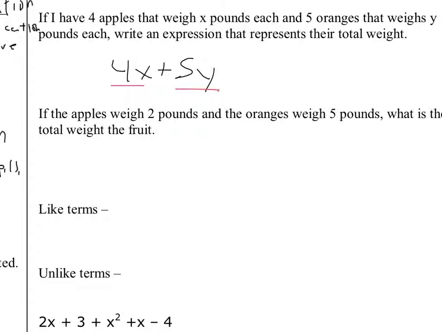Now, it would be really nice if we could put this all together and just multiply once. And that's the idea of combining like terms, where we want to put things together. However, because those apples and those oranges weigh something different, we can't just put them together.